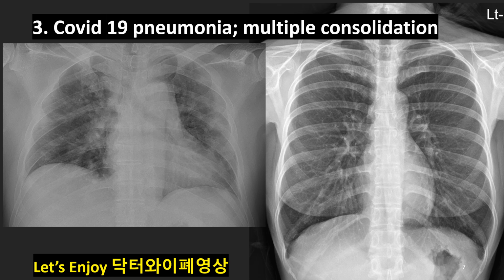But at least we see bilateral patches, ground glass opacity or consolidation. If we compare with the right side normal young woman's chest x-ray, it is evident there is haziness in multiple locations. That is COVID-19 pneumonia.